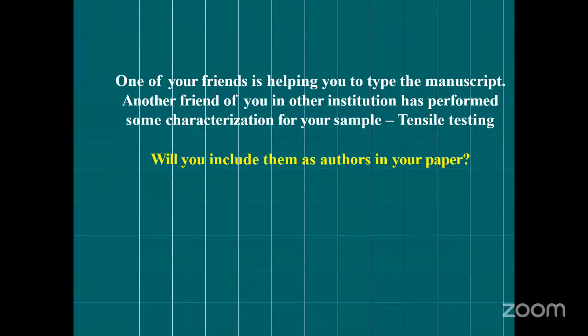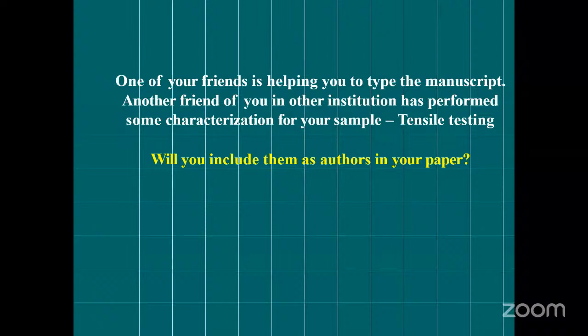Co-authorship is not considered for that. Typing cannot be, it is not a scientific contribution. It is just helping with typing. But characterization, another friend performing the characterization, that is considered authorship. It is a contribution to your research. Can you understand or not?